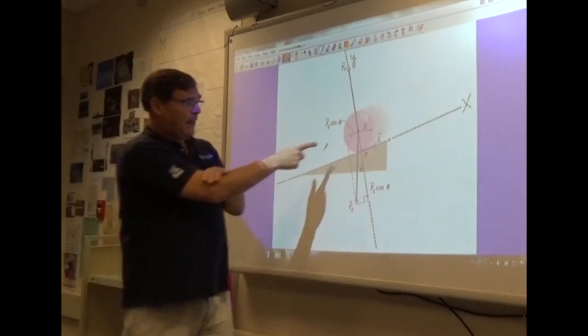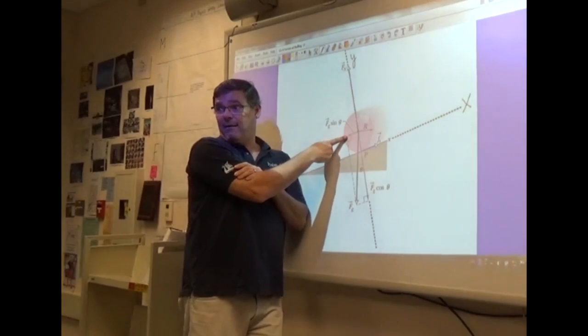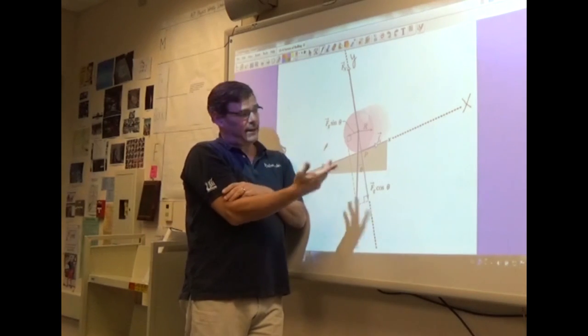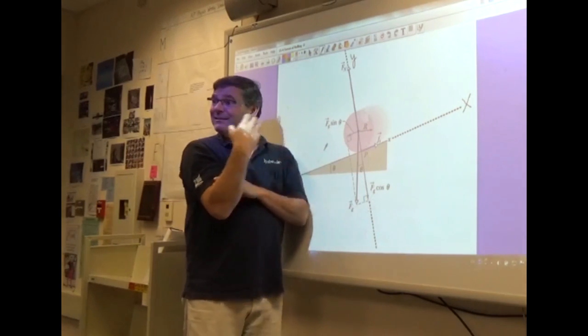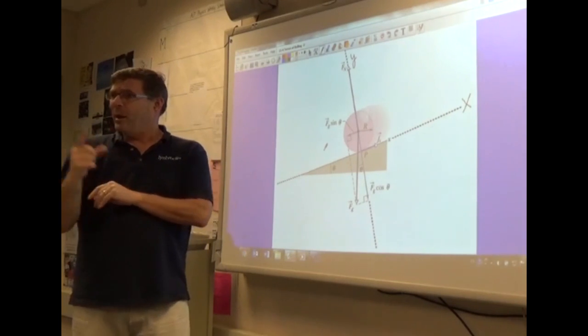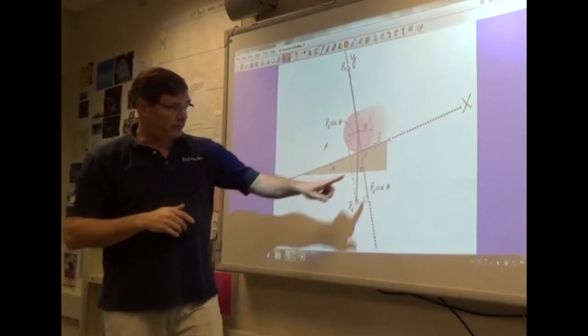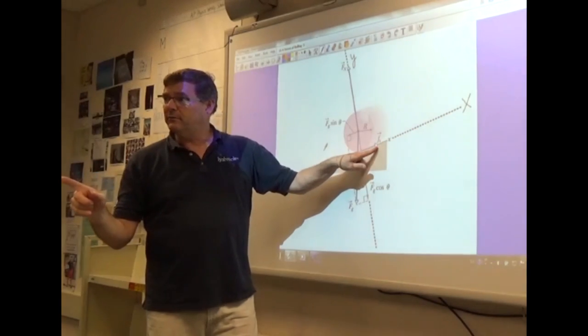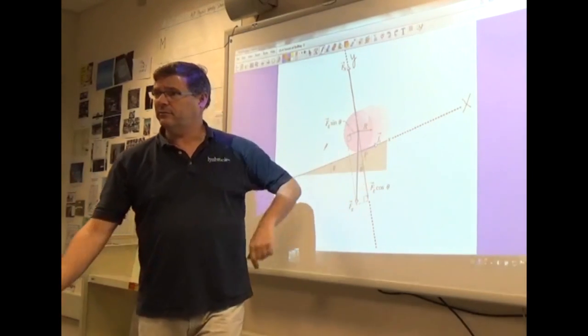But this x component of weight is the force that pulls the disc down the ramp, and it moves. If there was no friction, though, you see here Fs, we'll talk about that in a minute. If there was no friction, what would happen to the disc?